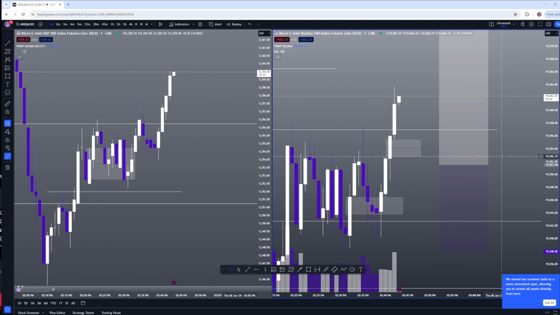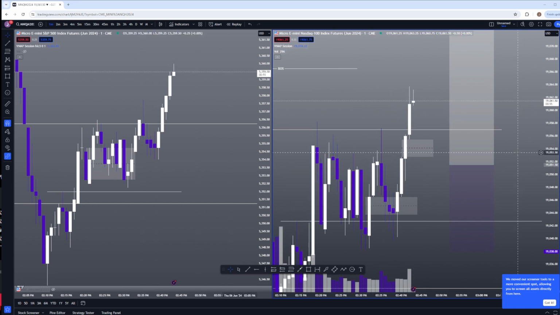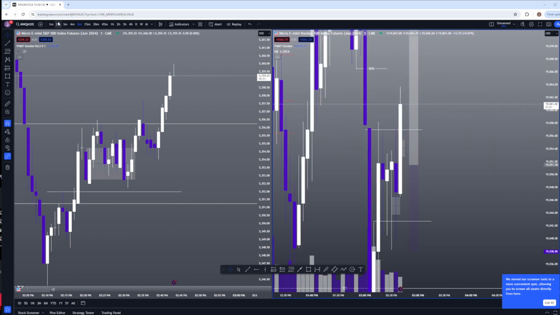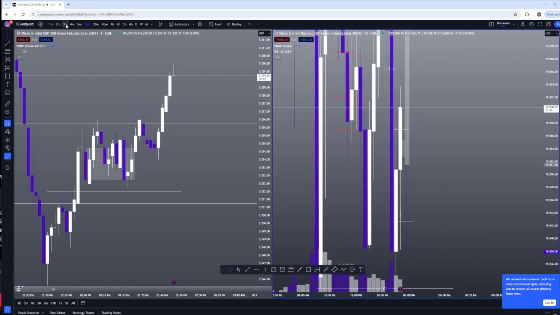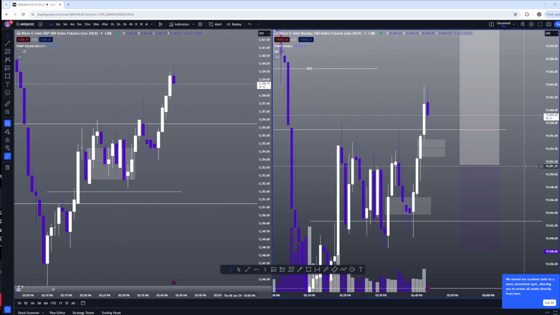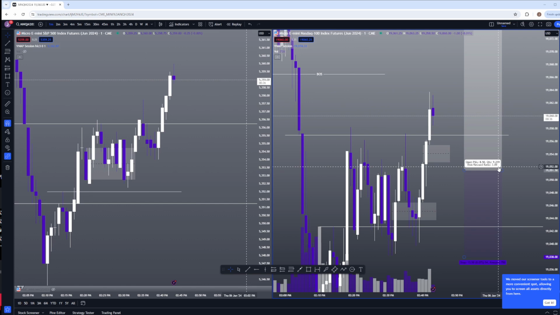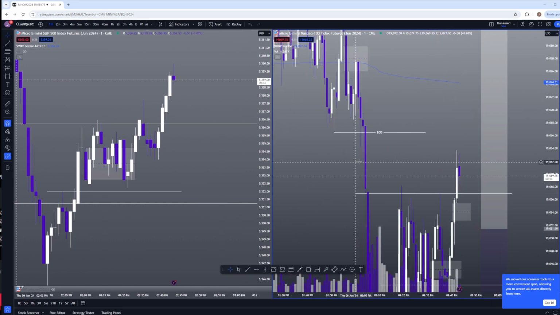Can we get the pullback now? Or are we just going to run away like we did before? Now we're into that 15-minute bearish fair value gap there. Displacement on the 1 minute. Still want to see these longs step in.